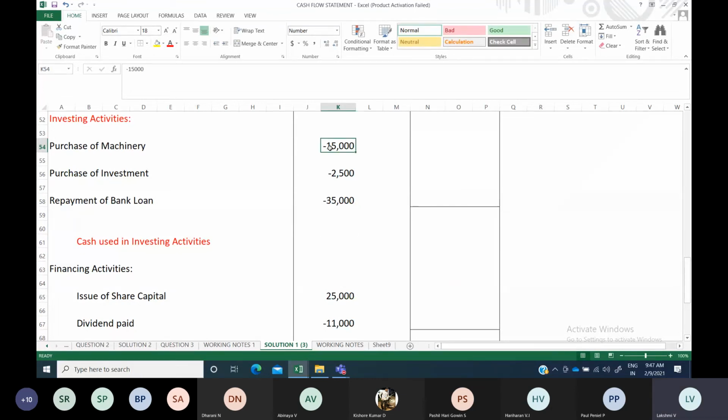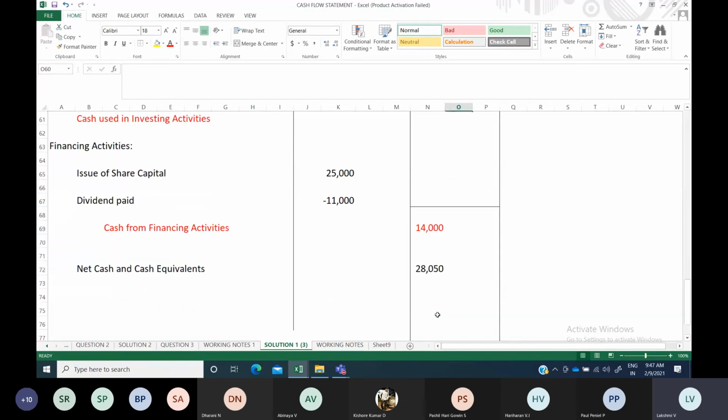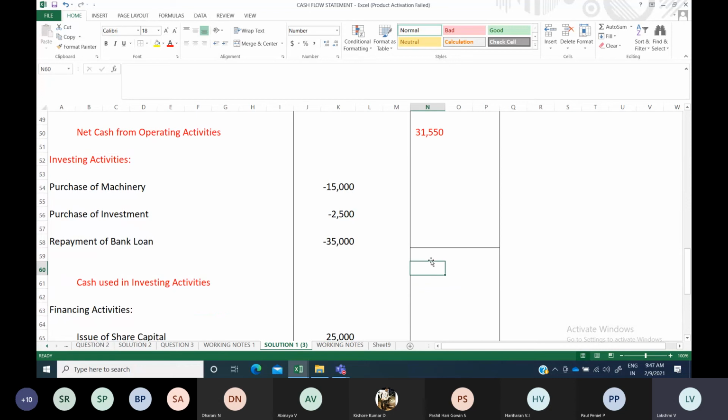See here, we have skipped purchase of machinery, purchase of investment, and repayment of bank loan. All three items are outflows. It is not a sale, so you have to show it in positive. So all these are outflows. Just find out now how much you are getting, because the answer is coming right only. So minus 15,000, minus 2,500, minus 35,000, how much are you getting?